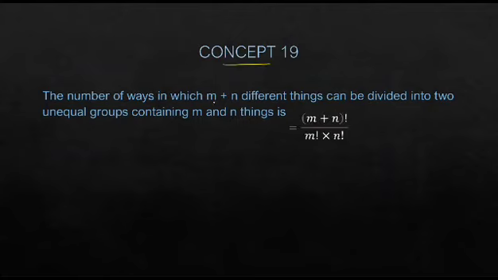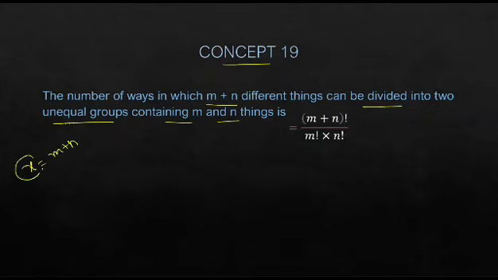The number of ways in which m plus n different things or objects can be divided into two unequal groups containing m and n things is this. So now suppose we have x number of objects and x is equal to m plus n.